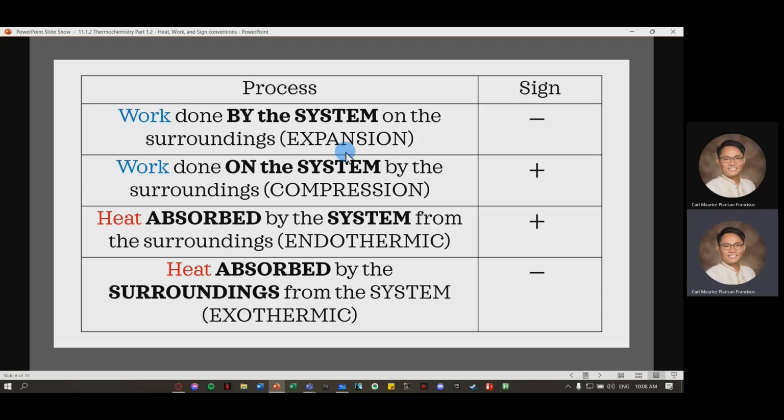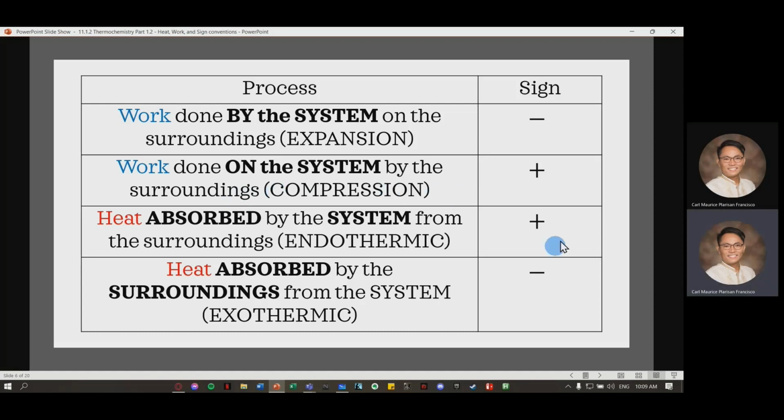So it means that when the work is done by the system and the process is maybe expanding, the numerical sign for work is negative. Now the sign for work would be positive if the work done is on the system or the process is compression. The sign would be positive if the work is done on the system, by the surrounding, or the process is compression.